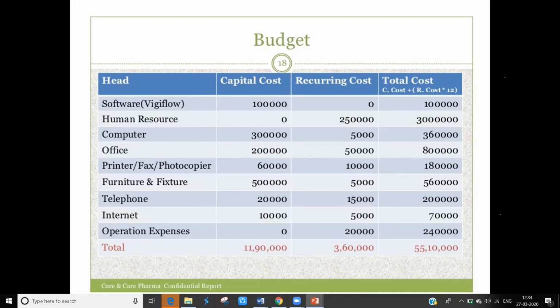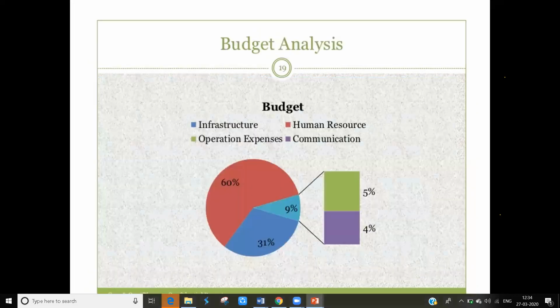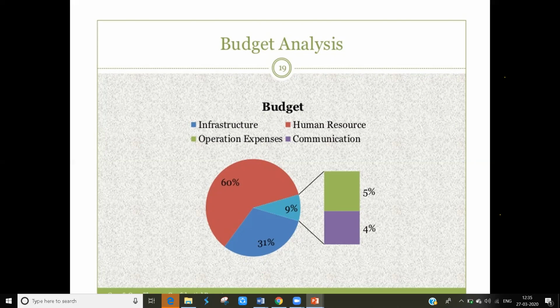The capital cost can be higher than this in big cities or big hospitals, and can also be lower than this in small hospitals or in small cities. So mainly, if we see, 60% of the budget will go to human resources only, paying the salary, followed by the infrastructure and the operation expenses, and communications is very less.